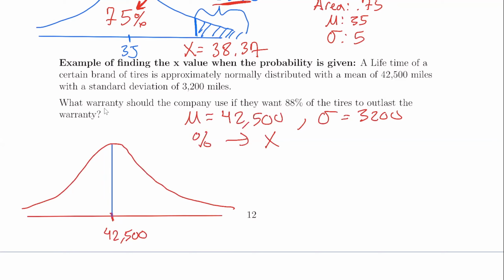If a tire lasts 42,500, that means 50% lasted that long but 50% was under that value, so you don't want to say exactly the mean, because that would be a 50-50 split. We want 88% of the tires to outlast the warranty, so it should be over here, and this will be the 88%.